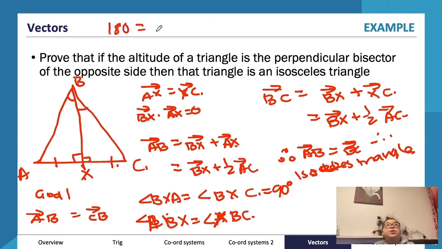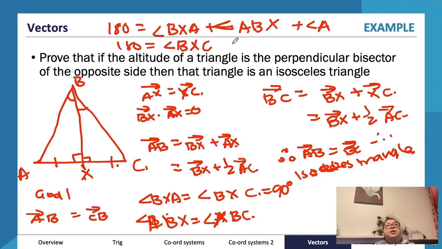Therefore, another thing you know is that 180 will equal angle BXA plus angle ABX, those 2 angles, plus, let's say, angle A. And that also means that 180 is equivalent to angle BXC plus angle XBC plus angle C. And those two are equivalent.